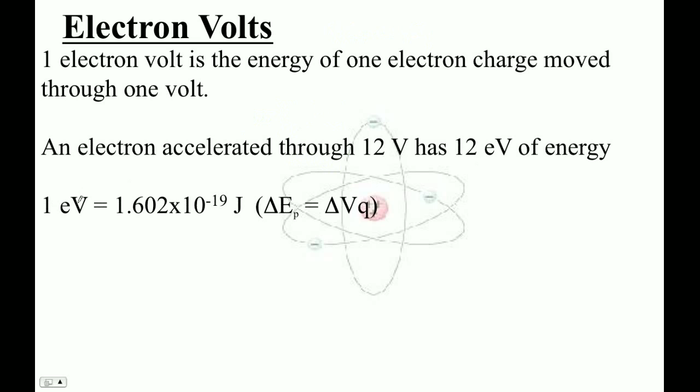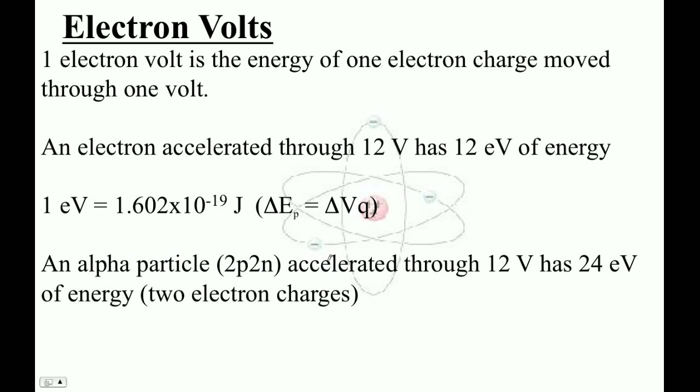And then 1 electron volt is actually equal to 1.602 times 10 to the minus 19th joules. Well, that's because it's 1 volt times 1 electron charge, right? 10 to the minus 19th coulombs, right? So you can literally translate electron volts into joules. They're not very many joules, right?